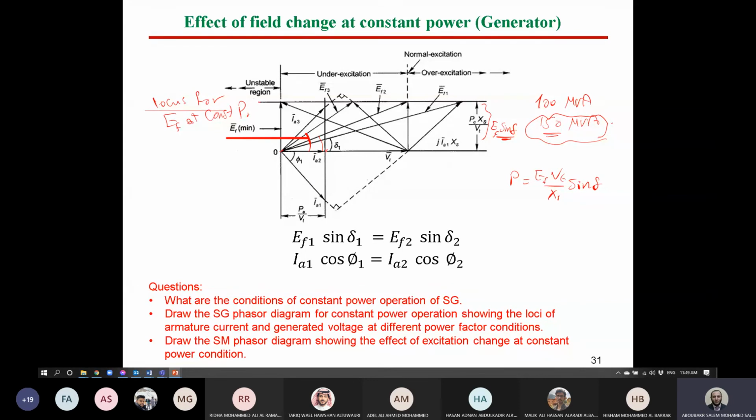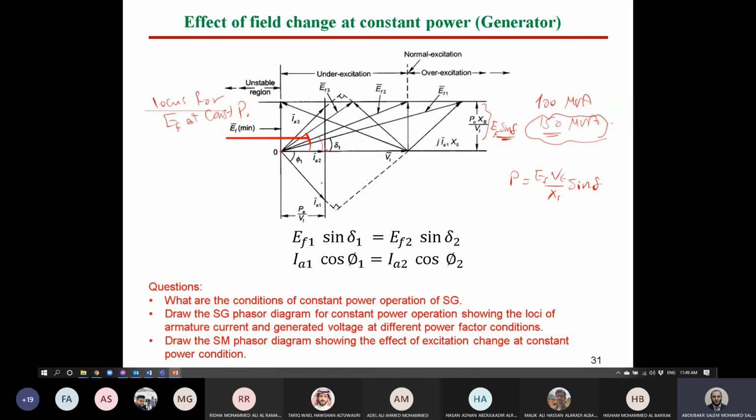Is it right? I_A1 cosine phi 1 will be this length. The same is also true for I_A2 cosine phi 2 and I_A3 cosine phi 3. So we can say this line also represents constant power.